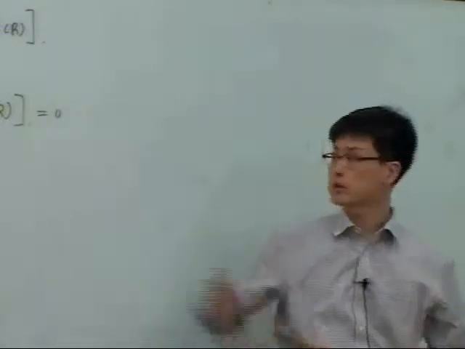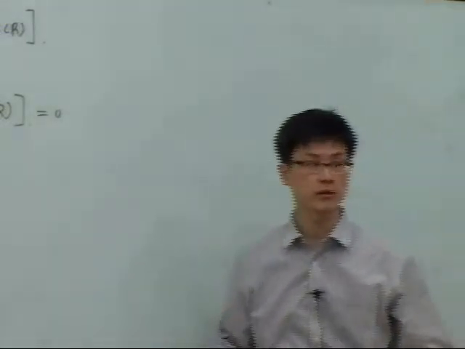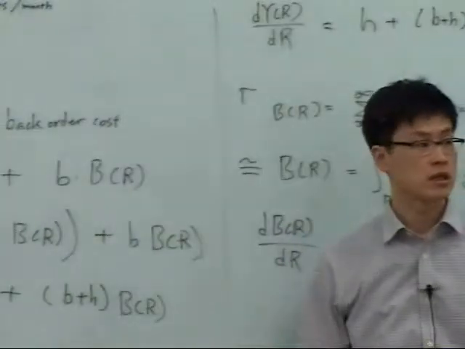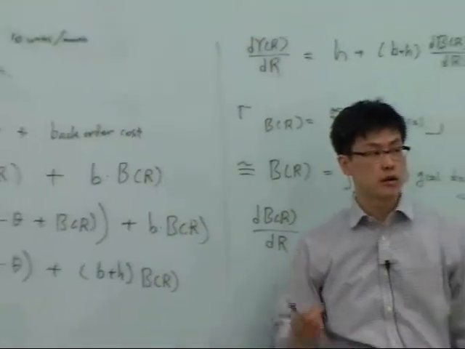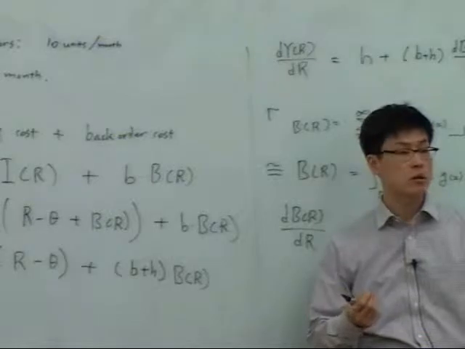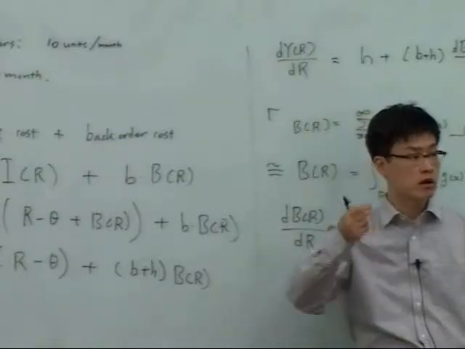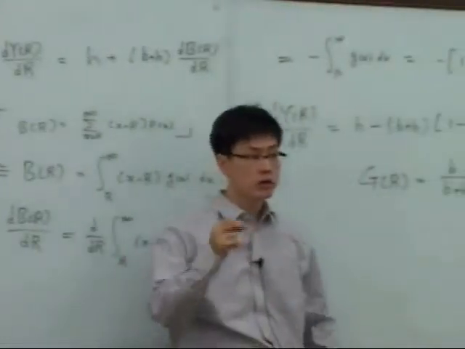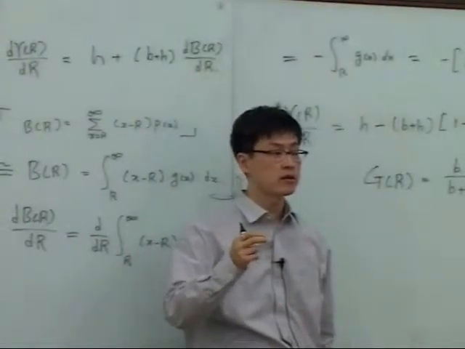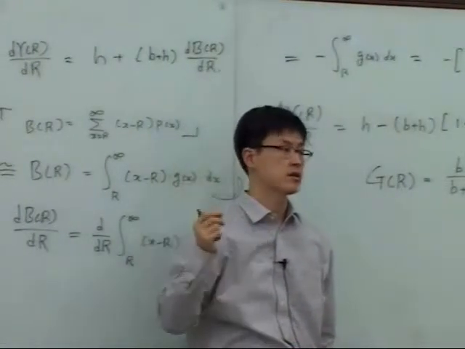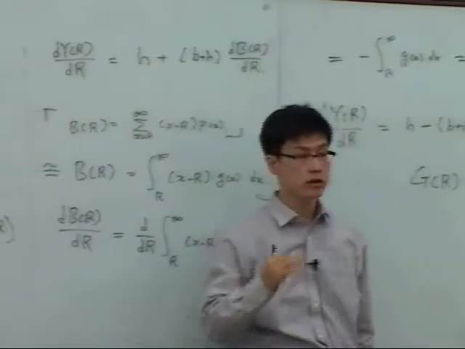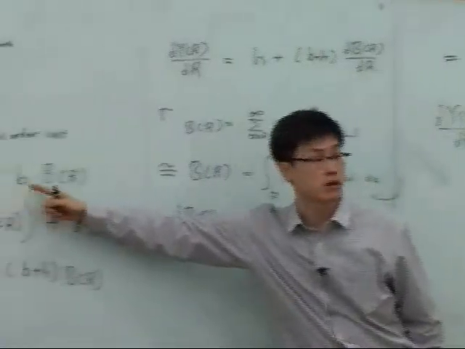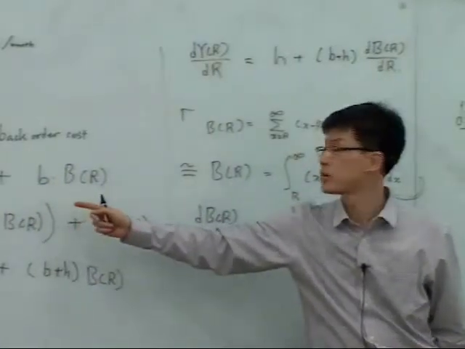But in this model, we can cleverly determine the B. If the B, the cost of backorder, gets larger and larger, automatically the optimal inventory level and the service level will increase. So you can model the 90% service level with this B value, by manipulating this B value.